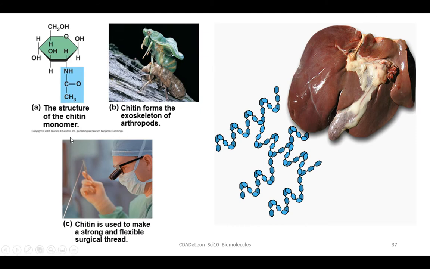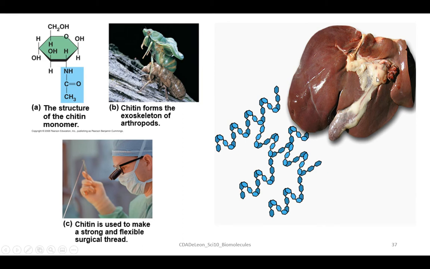While this is the structure of chitin monomer. Chitin forms in the exoskeleton of arthropods, for example, this cicada. And chitin is used to make a strong and flexible surgical thread.